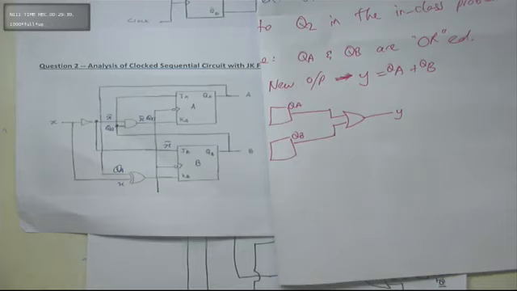Now if you look at Y in itself, does that have any direct influence from X? No. There is only indirect influence because X is feeding into QA and QB, but QA and QB are directly feeding into Y. So this is a Moore machine.